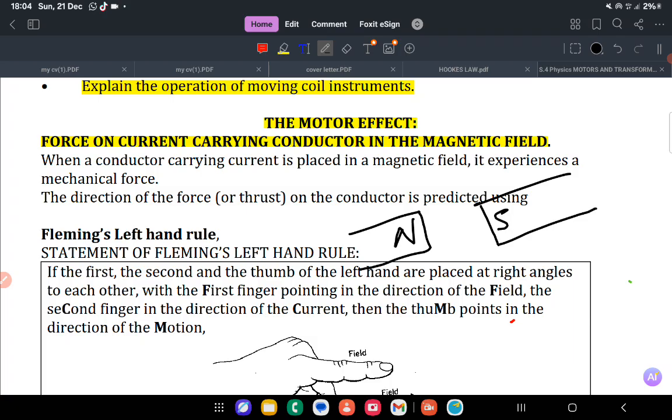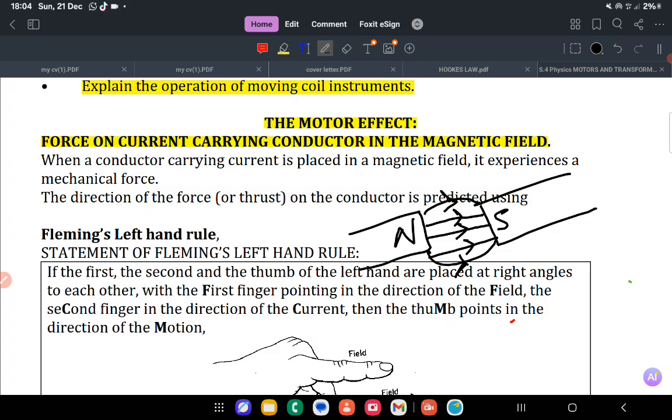Remember, between two magnetic poles there's a field, a magnetic field. We also recall from your Form 2 physics that magnetic field lines point away from the North Pole towards the South Pole. So there's a field here, which we can represent using field lines.